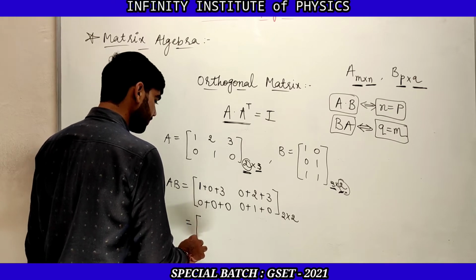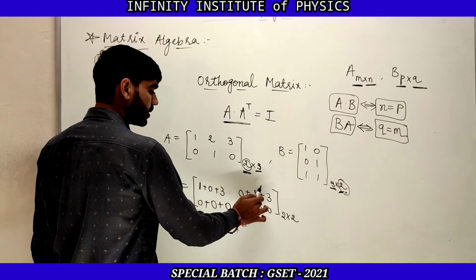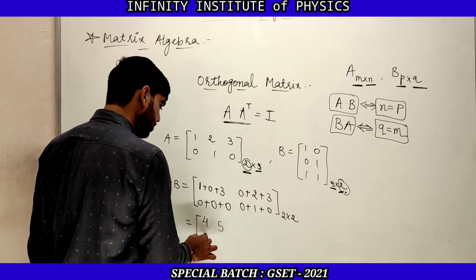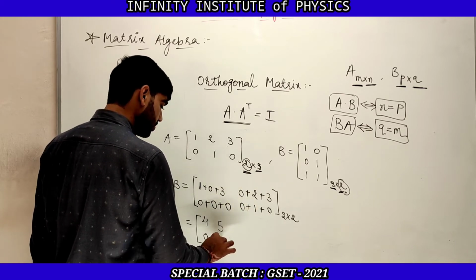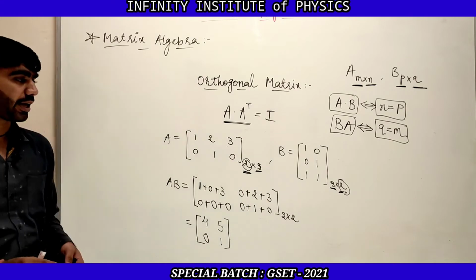Then it will be 1 plus 0 plus 3, so it is 4, 0 plus 2 plus 3, so it is 5, 0 plus 0 plus 0, so it is 0, and 0 plus 1 plus 0, so it is 1. And this is the new matrix A into B.